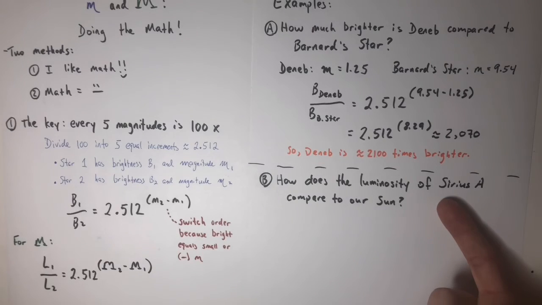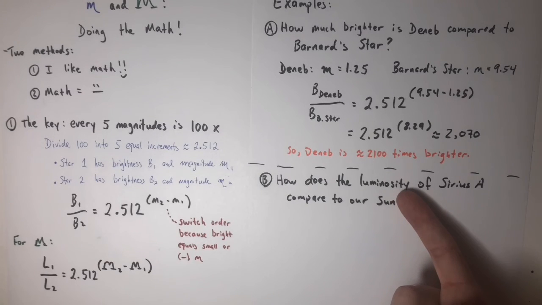In this second example, I'm using luminosity instead of brightness, so we're talking here about absolute magnitude rather than apparent magnitude.